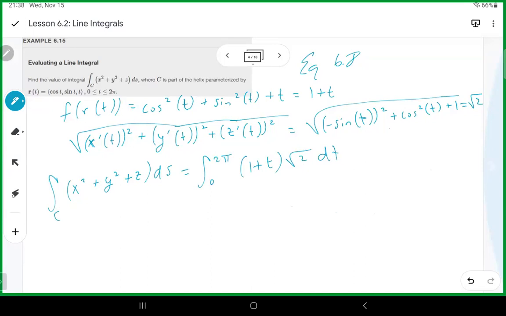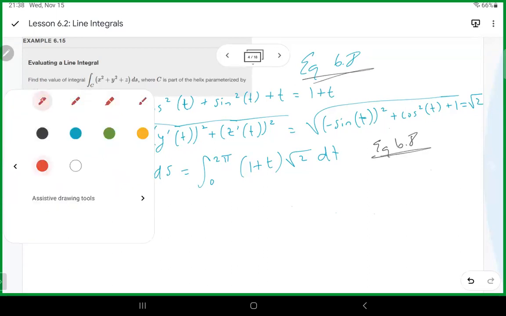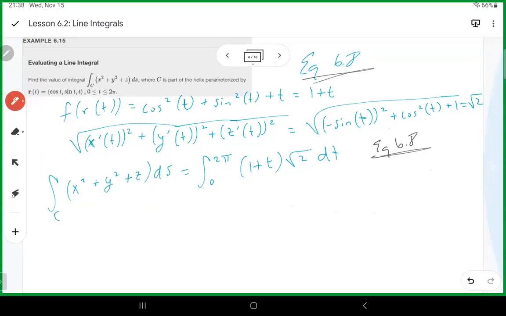Notice that equation 6.8 translates the original difficult line integral into a manageable single variable integral. Then we would have the integral from 0 to 2 pi of 1 plus t times square root of 2 dt.